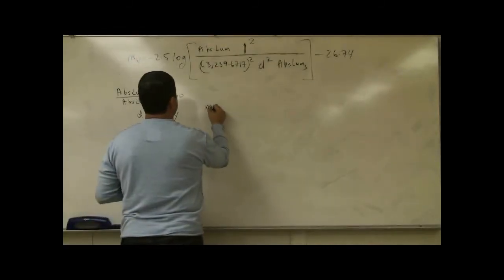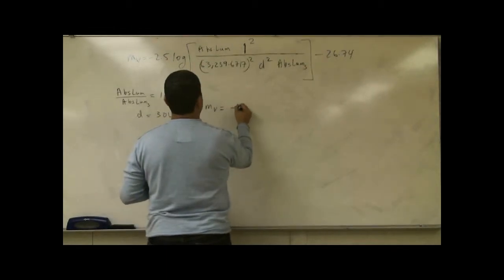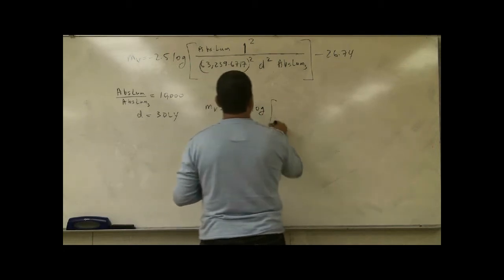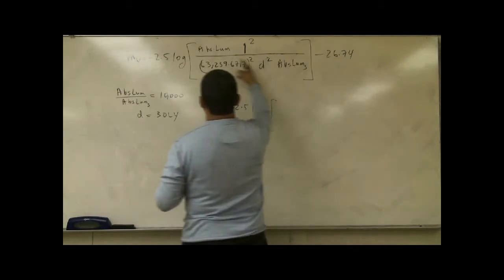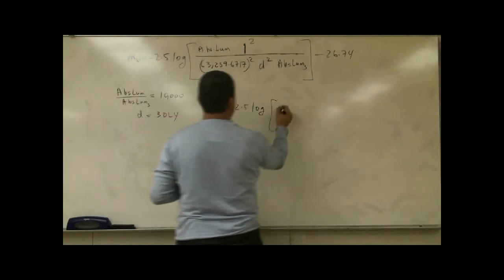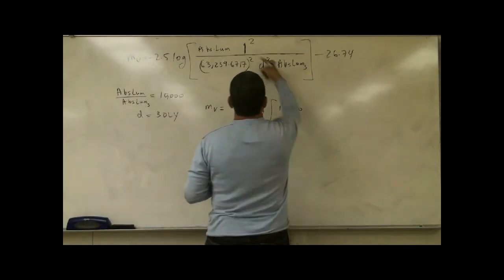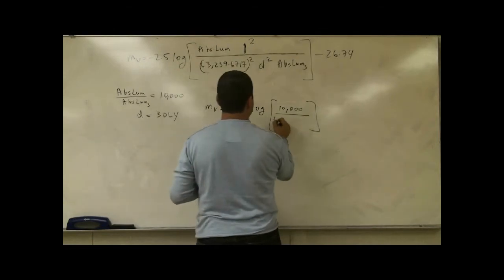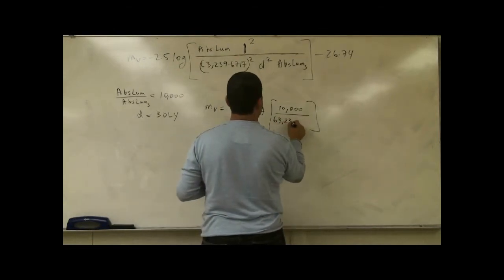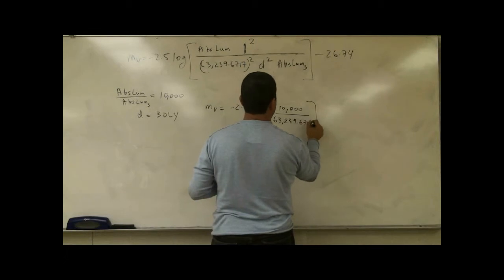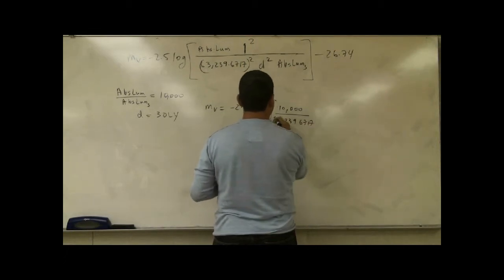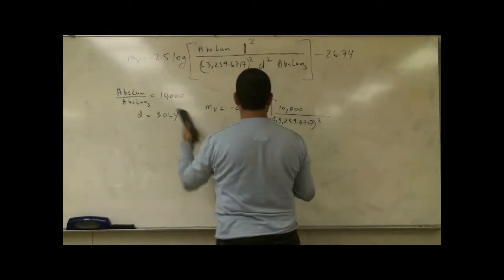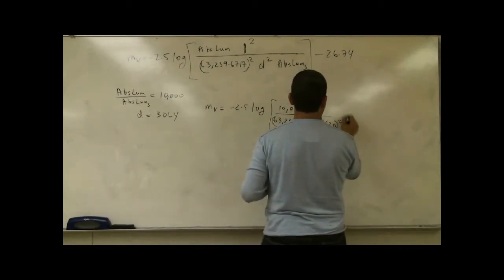So we're going to have mv is equal to -2.5 log. The ratio of the two luminosities is 10,000, so 10,000 times 1 over 63,239.6717 squared times the distance 30 squared.